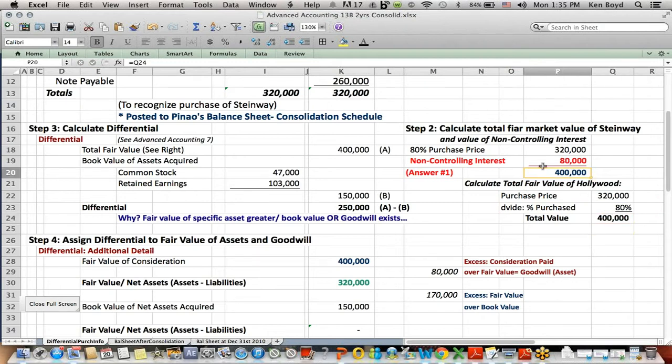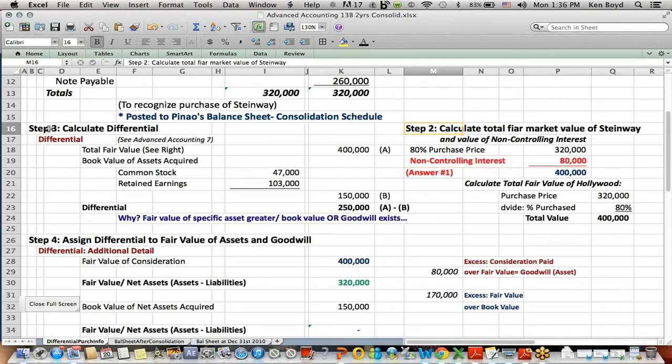That's the value of the entire entity. So if Piano paid $320,000 and the entire interest is worth $400,000, the difference is the value that goes to the non-controlling interest of $80,000.